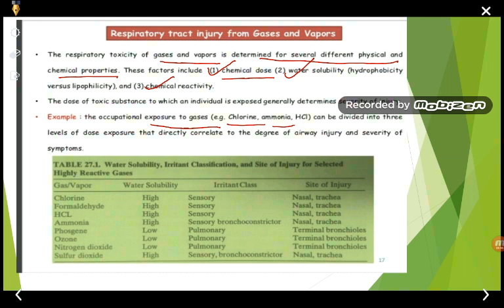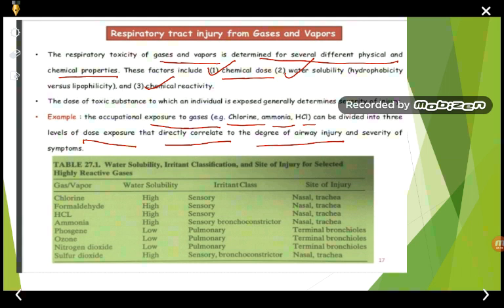These gases are liberated from the chemical industry, the fertilizer industry, and HCl. These are certain gases which, when liberated, cause lung injury, and it can be divided into three levels of dose exposure that directly correlate to the degree of airways injury and severity of the symptoms.